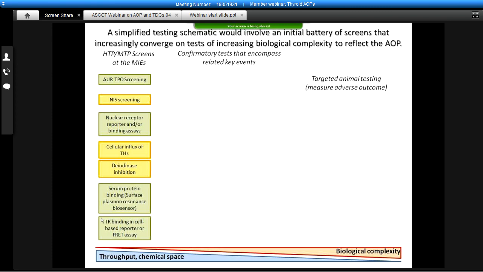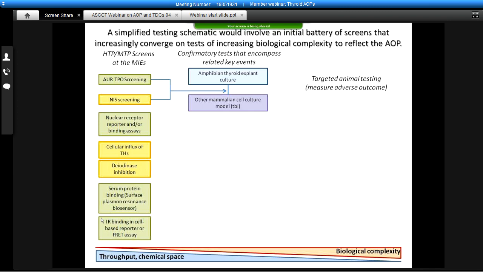But as we move to the right and encounter confirmatory tests that encompass related key events, you can see these assays will have increasing biological complexity. So here I suggest that thyroperoxidase screening and sodium iodide symporter screening assays converge on the same set of confirmatory tests.